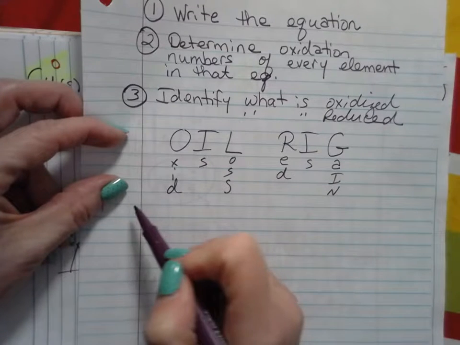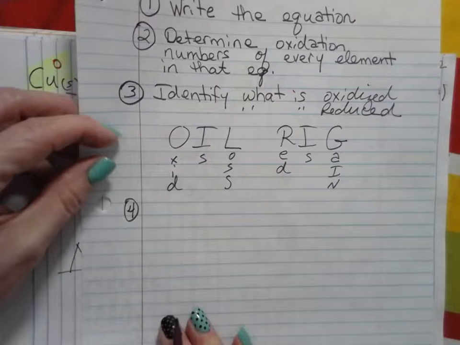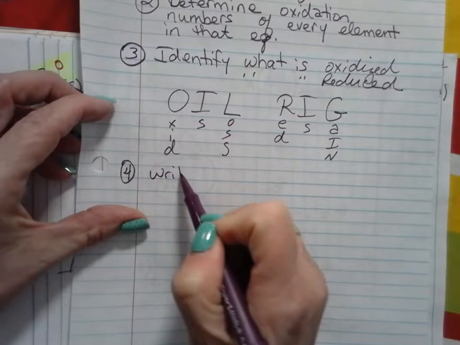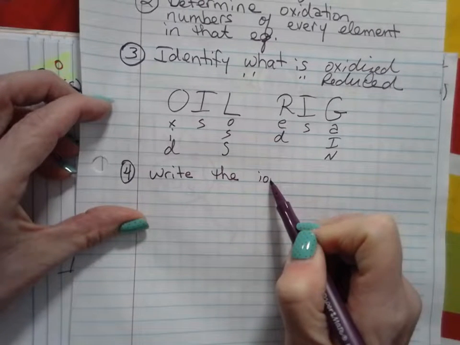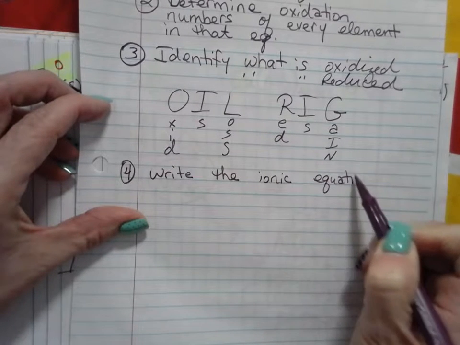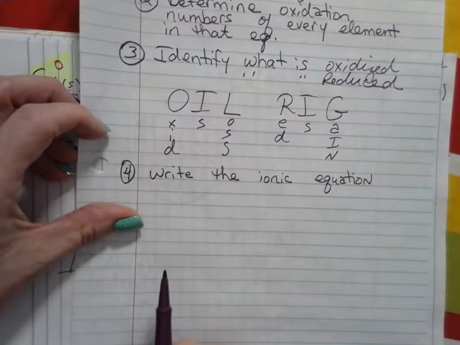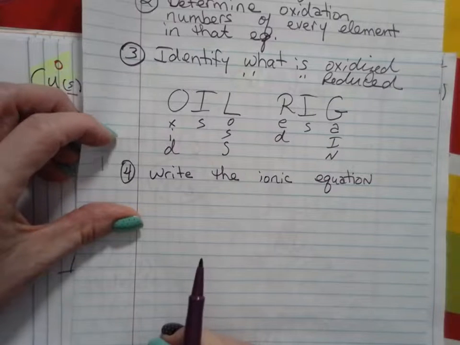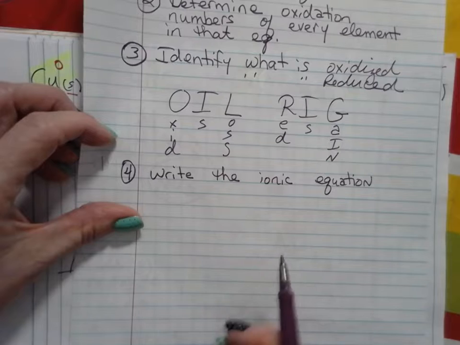Now, step 4 is we need to write the ionic equations. The reason for writing the ionic equations is because we've got to know how to set up our half reactions.